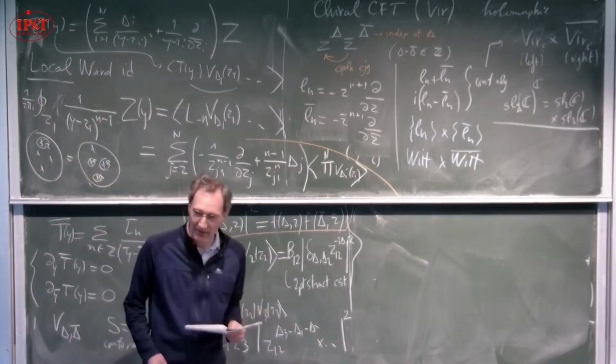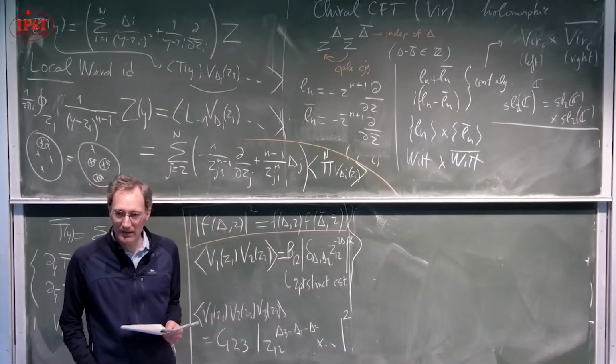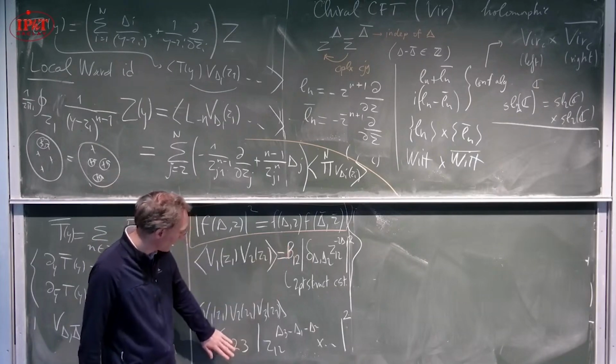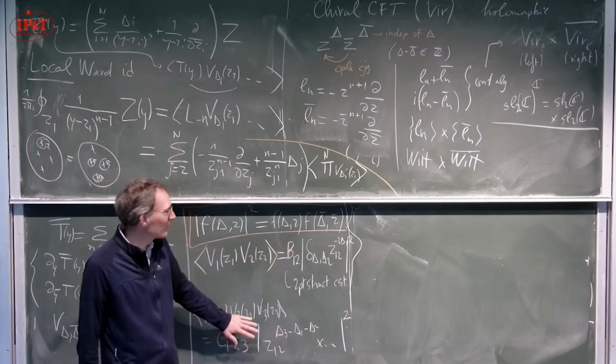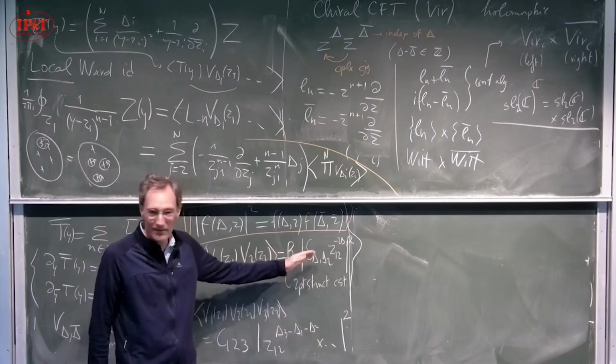In the holomorphic case, you also introduce C and B, some coefficients. I didn't write the coefficients here for the correlation functions because I wanted to wait until I knew the dependence on z bar.